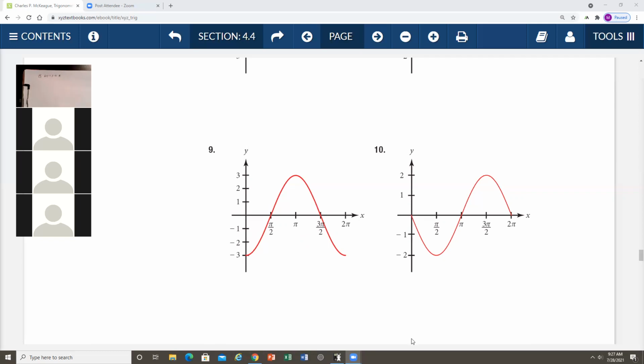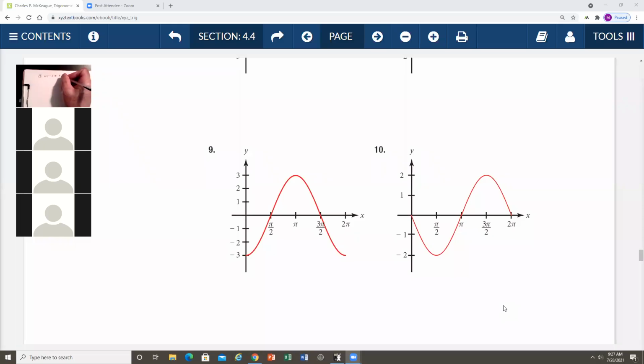If the graph has been flipped, would A be positive or -3? Because the graph has been flipped or appears to have been flipped, we would say that A would be a -3. Remember, by multiplying a trig function by a negative, that causes the graph to be reflected about the x-axis.